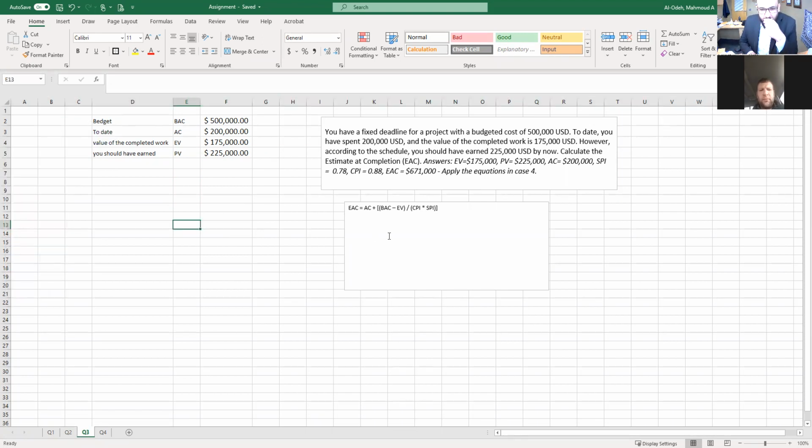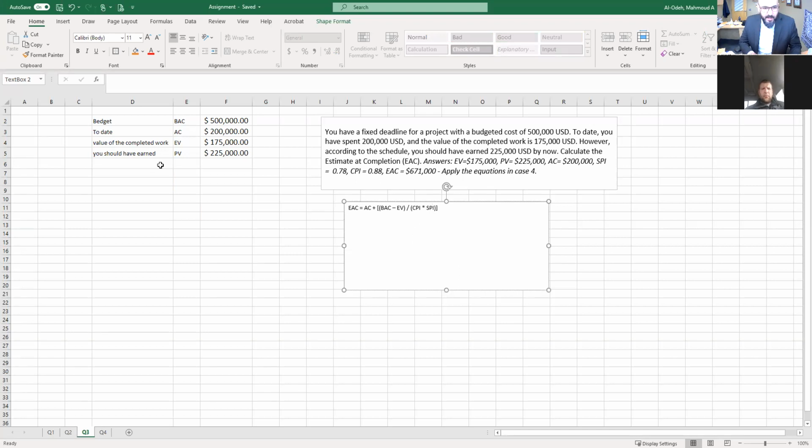All right. So now we'll go ahead and apply this equation. Again, that's from case 4, so we should consider the equation that has the cost index and the schedule index. We have the actual cost, the BAC, and the earned value. Now we have to work on finding the CPI and SPI.